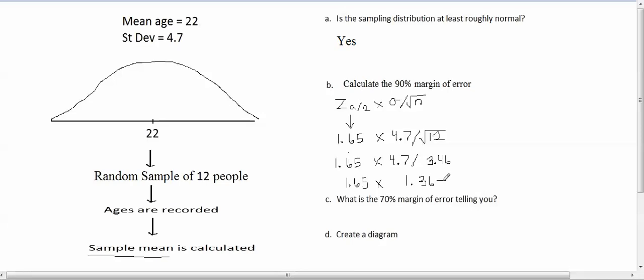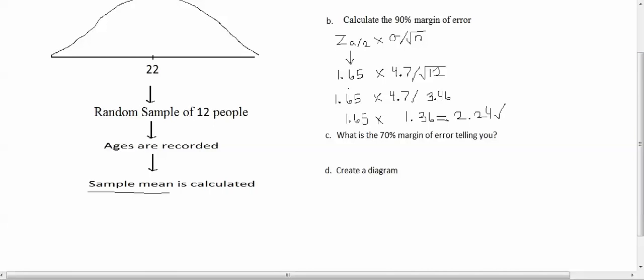That's the 90% margin of error. When you calculate the margin of error of a sample mean, it's just 3 steps. You find the square root, you divide the fraction, and then you multiply.